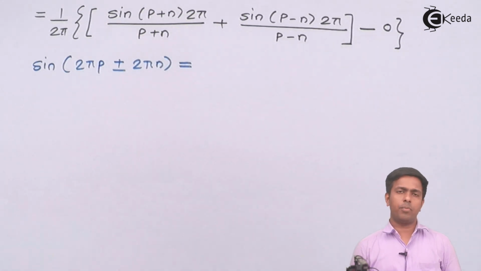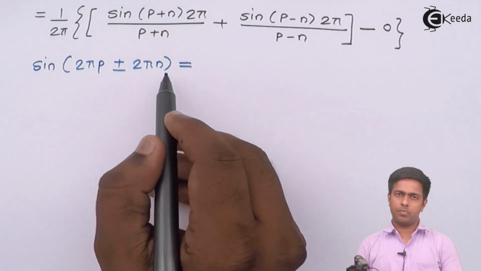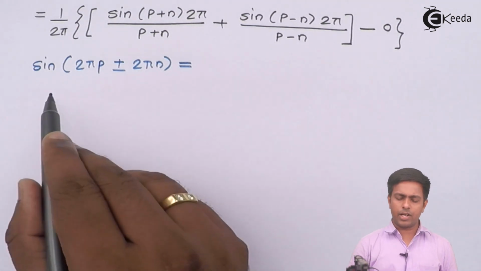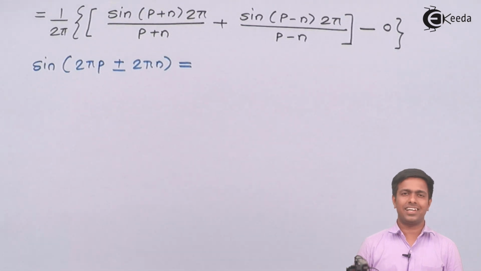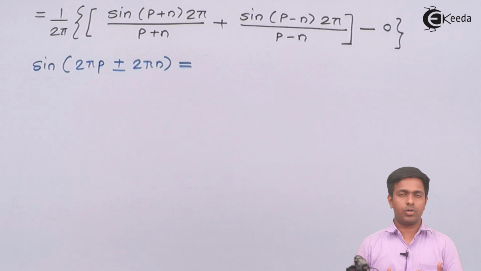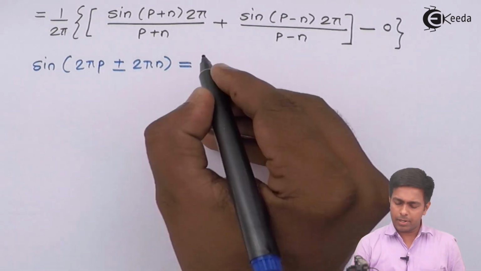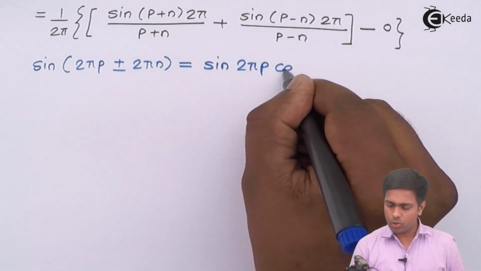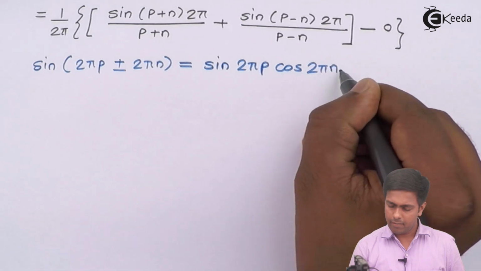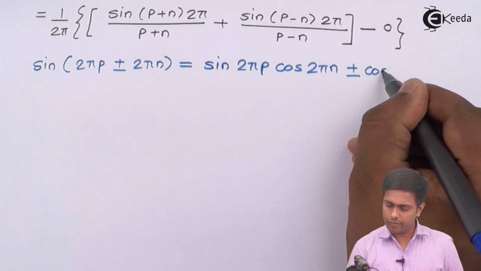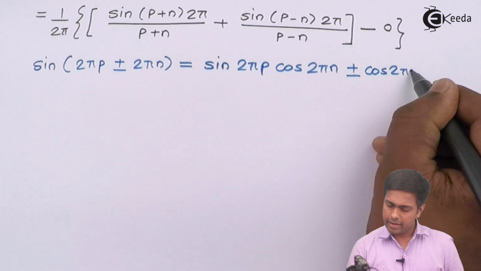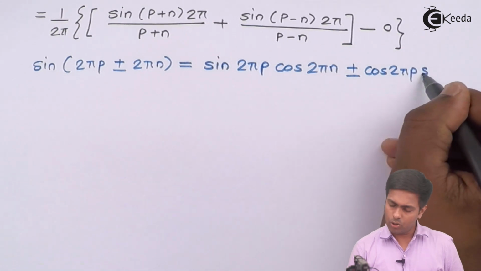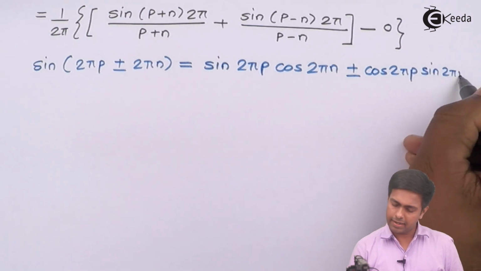So here we'll use the formula of sine A plus or minus B, or you might use a formula of sine of 2 pi n plus or minus theta. Few students don't know the formula of that, so you should use sine of A plus or minus B. So that will become sine of 2 pi p into cos of 2 pi n plus or minus cos of 2 pi p into sine of 2 pi n.